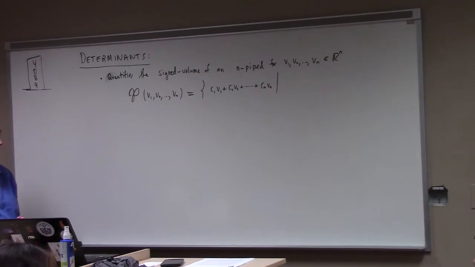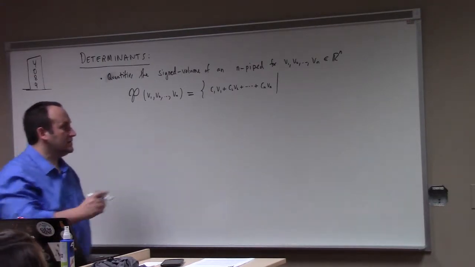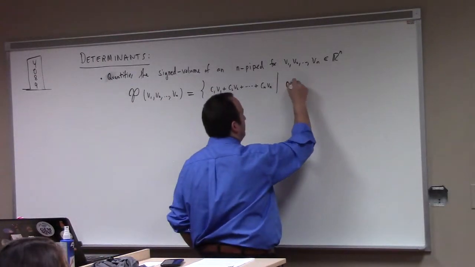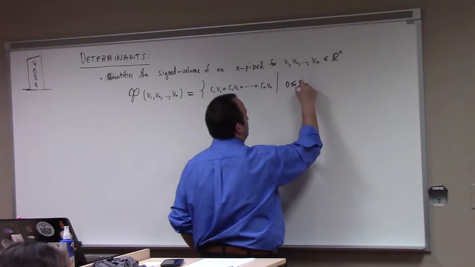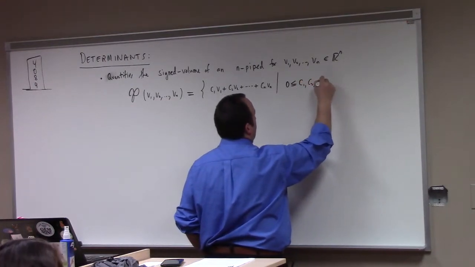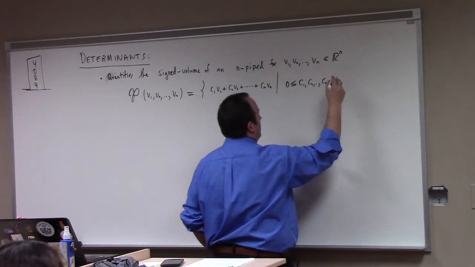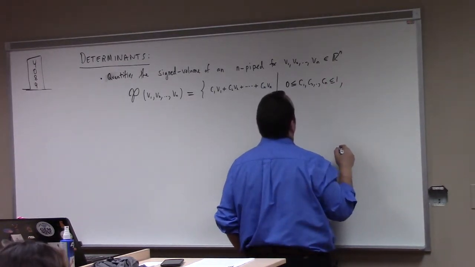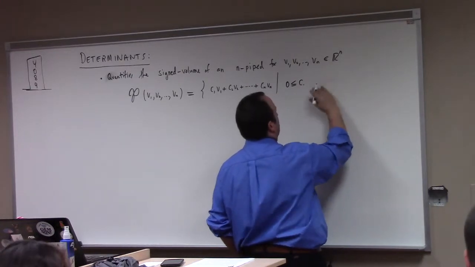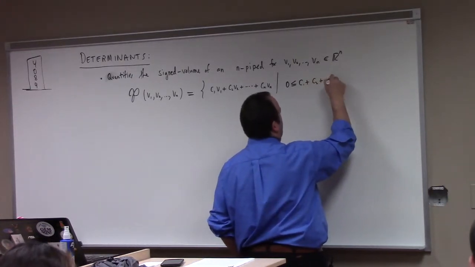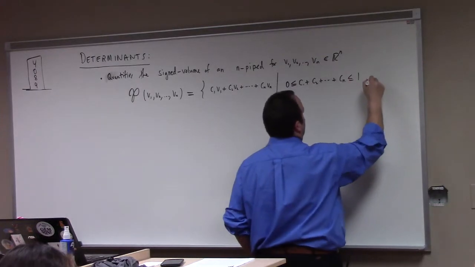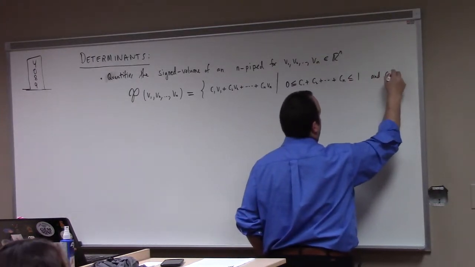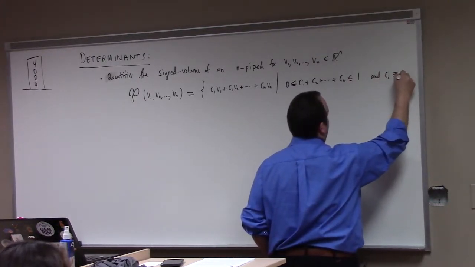or sometimes you might say parallel n-piped, provided those constants are between 0 and 1. Well, actually I should just say C1 plus C2 plus ... plus Cn less than or equal to 1, and the Ci's are greater than or equal to 0.